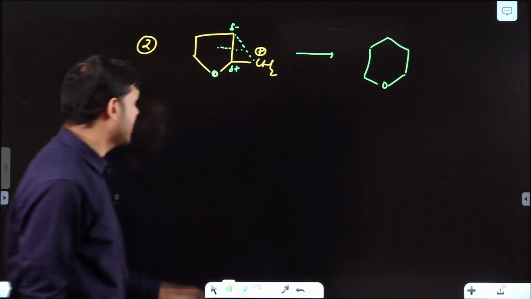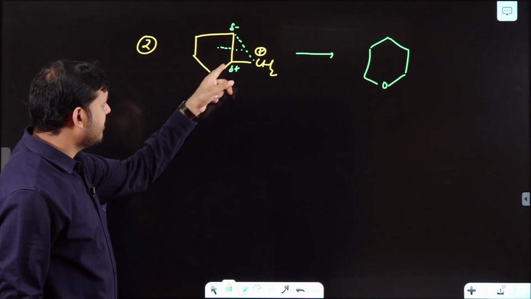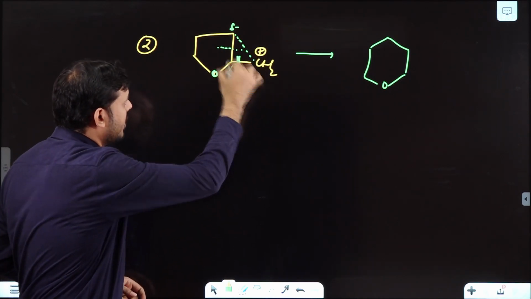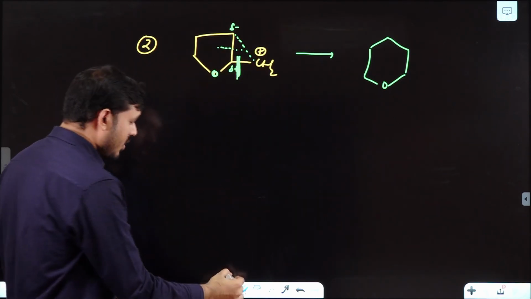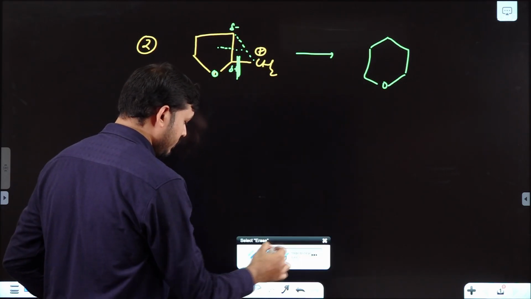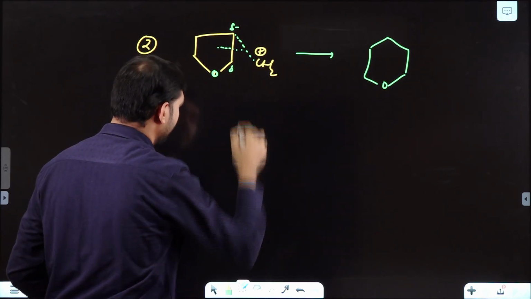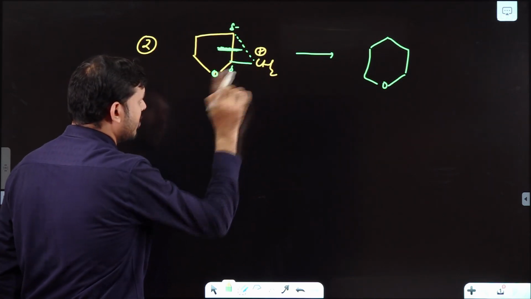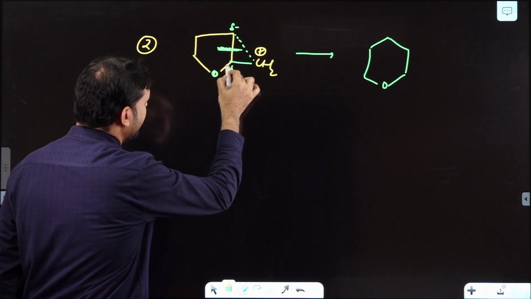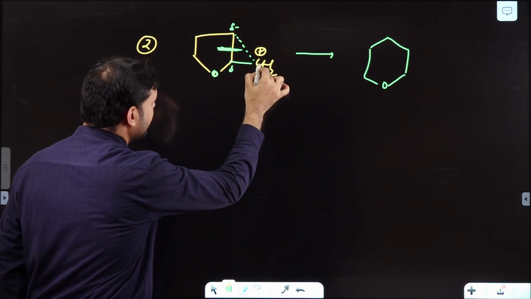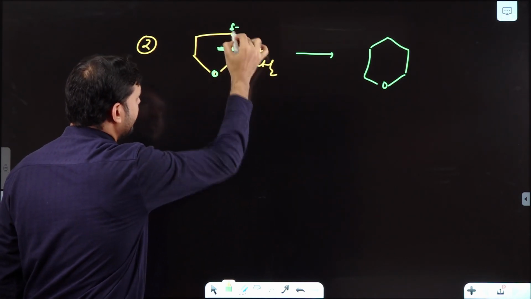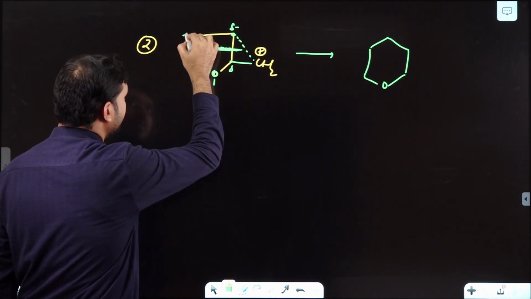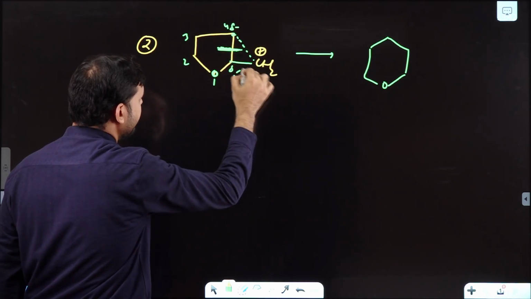Now understand, adjacent to oxygen will become positively charged and this bond will break. Okay, you are breaking this bond. Okay, and now this oxygen will be connected to this carbon, adjacent to this carbon is CH2, which will join here. Okay, if I make numbering, you can understand. Suppose this is 1, 2, 3, 4, 5 and 6.